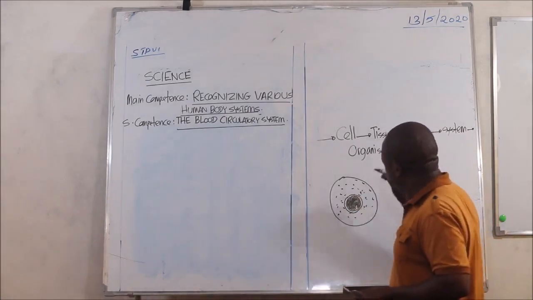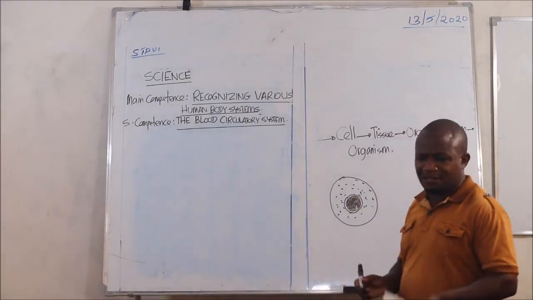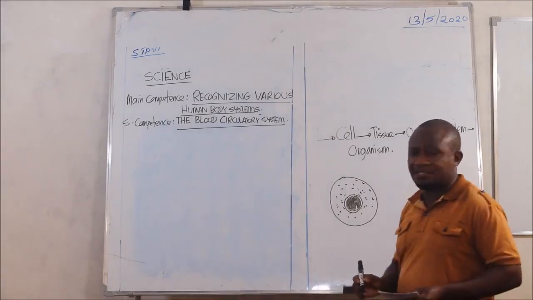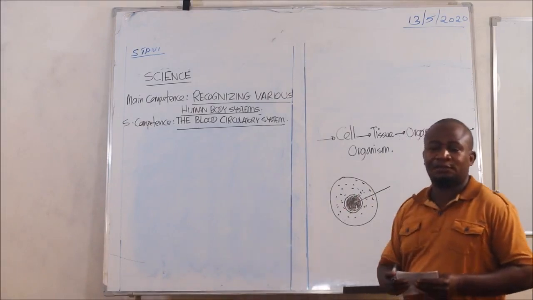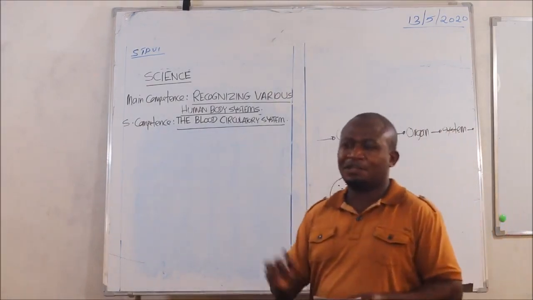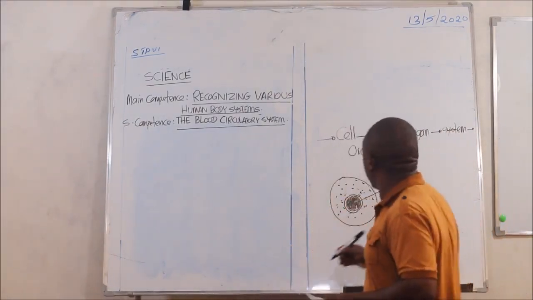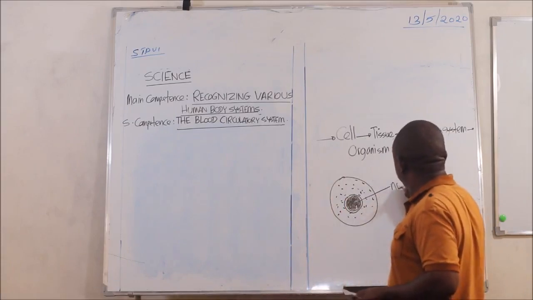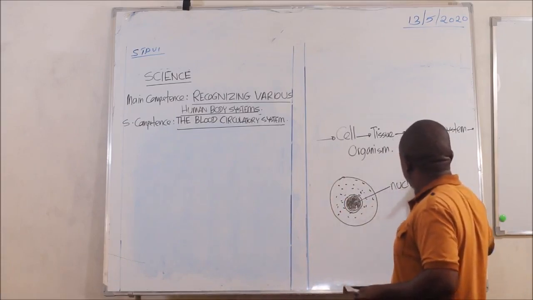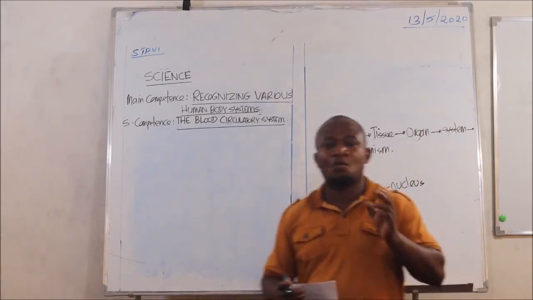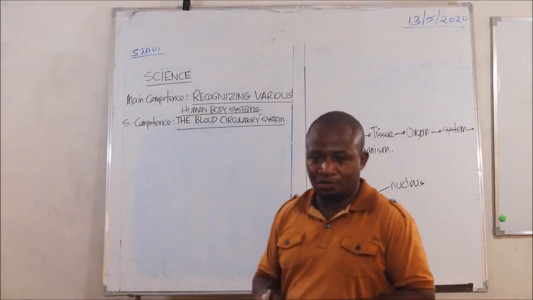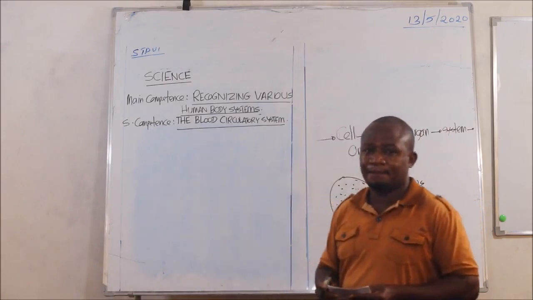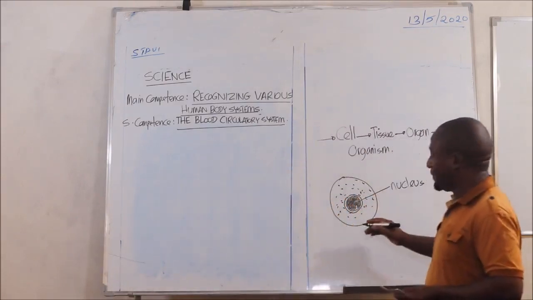And well, if we start labeling this, we realize that the central part of the cell, which is normally dark, we normally shade it, is known as the nucleus. One nucleus, many nuclei. That's the plural. Nuclei. Not nucleuses, nuclei.